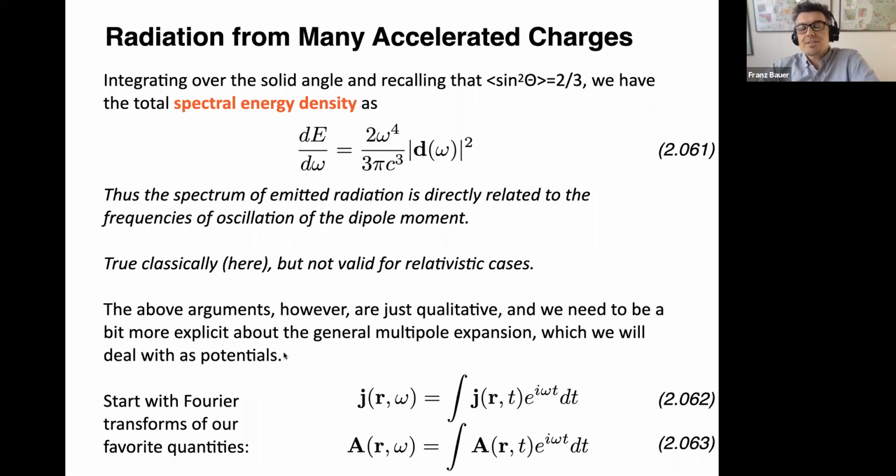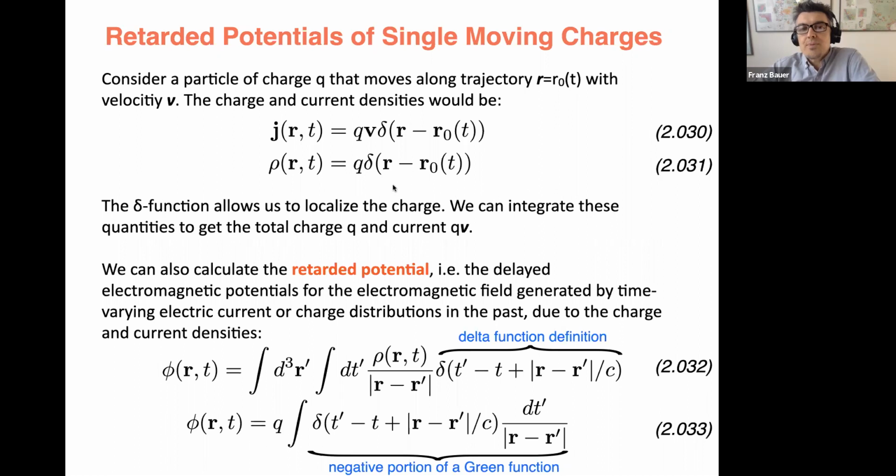So we can use this trick all over the place. With that in mind, recall we talked before about this potential being just a charge and some velocity, the charge potential, and then trying to locate this charge in space. It's basically a delta function.